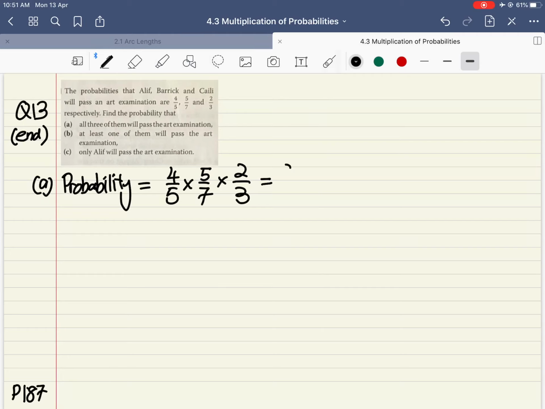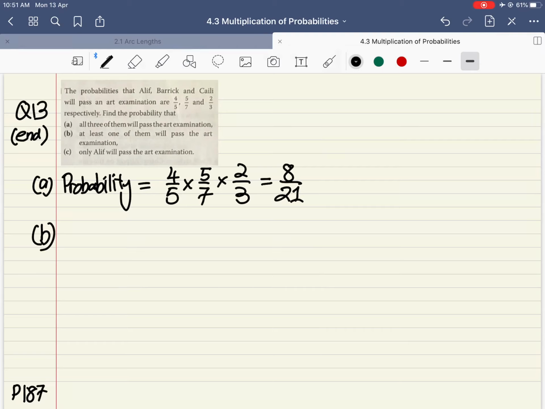So what we have is all 3 will pass is 8 over 21.